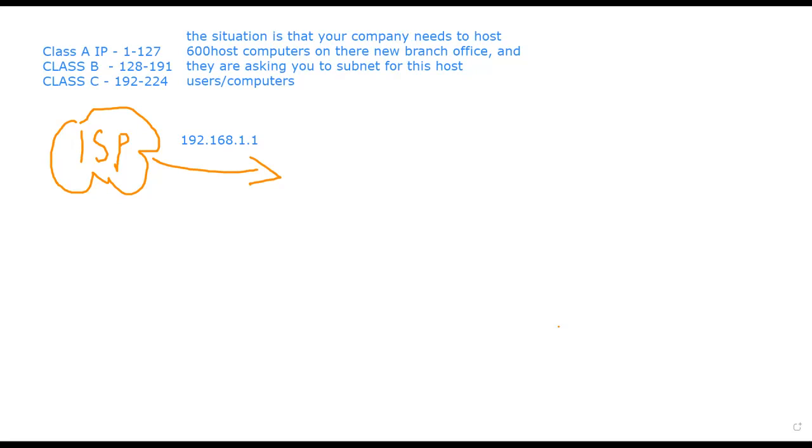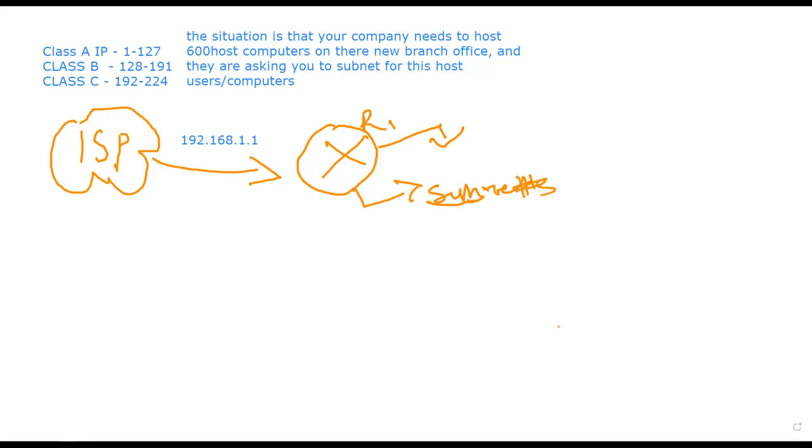Now I'm going straight to the real life situation. You've got this, and let's assume, of course, you have a router, say R1. What your work is now is to subnet this network into whatever subnet you have, and this subnet would give you these 600 client computers.